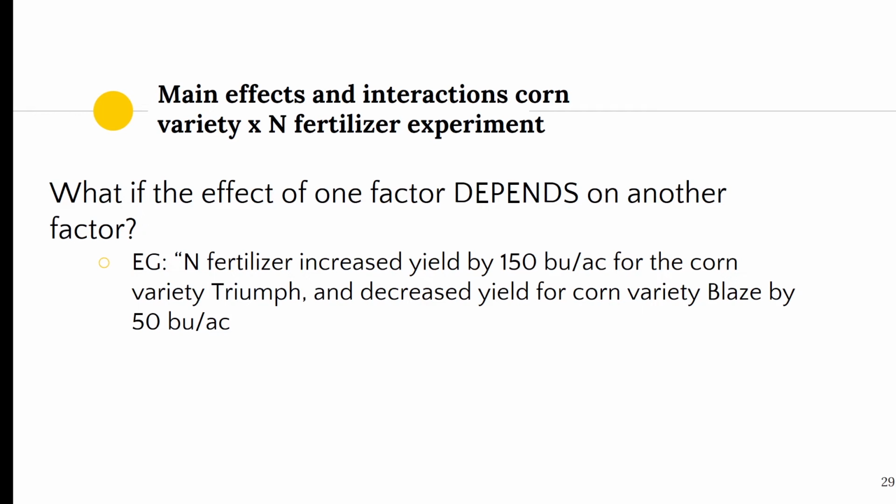So now we have an interaction, because the effect of nitrogen fertilizer on our dependent variable, which is corn yield here, is going to depend on the other factor, which is corn variety. And if we just present the main effect, that nitrogen fertilizer increased yields by an average of 50 bushels per acre, we're actually going to be completely misleading our readers, because it actually increased yields by a lot in one variety and decreased yields in the other variety.